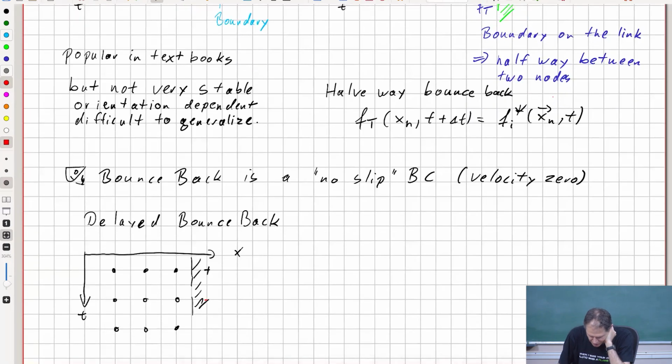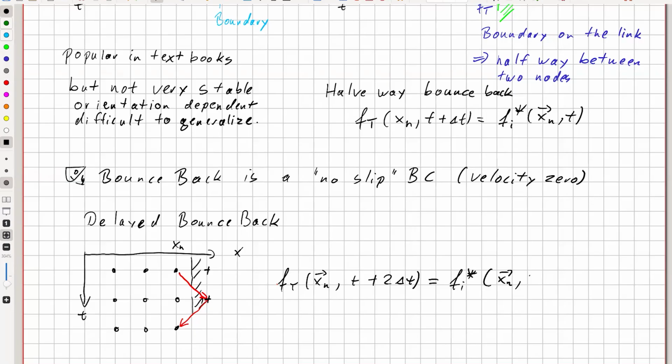Whereas in the delayed bounce back, what happens here is that the population leaves the domain, goes to the outside node, and then comes back a time step later, which means we can write this f_i now as, so again this here is x_n, at t plus now 2 delta t is equal to f_i asterisk at x_n and t.